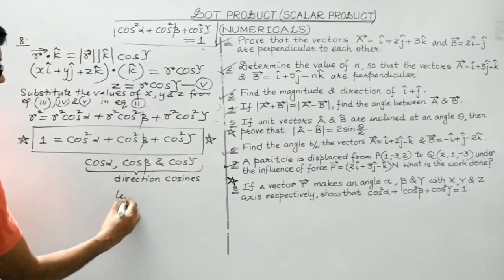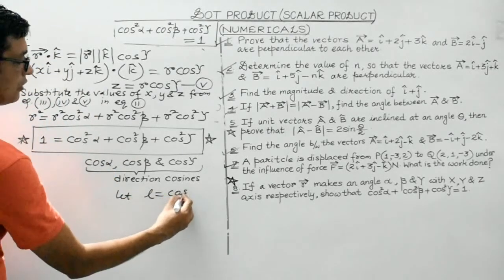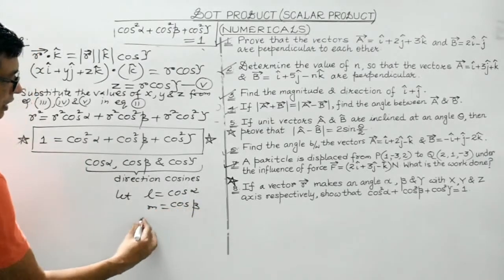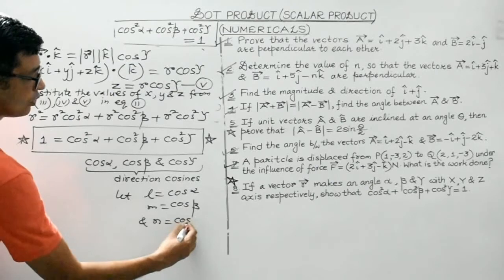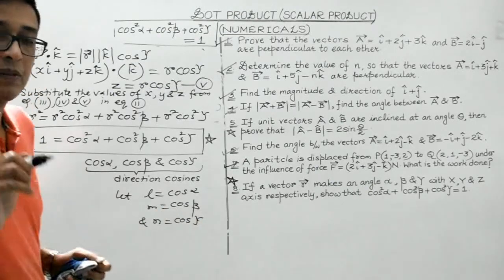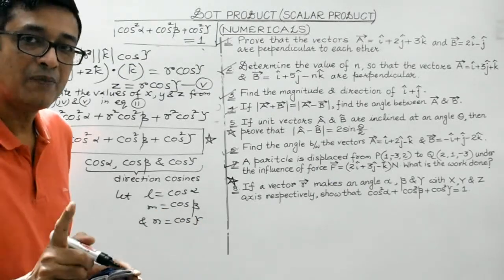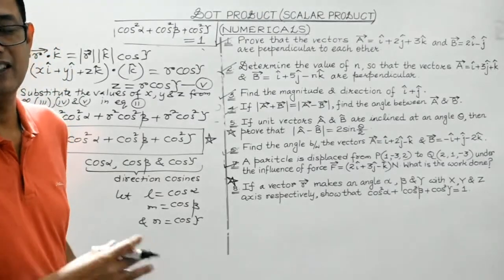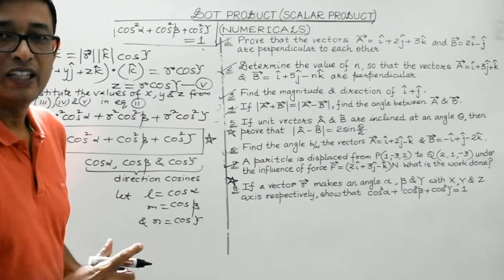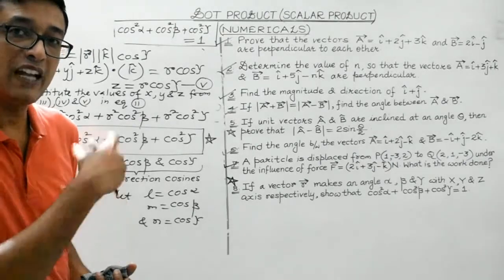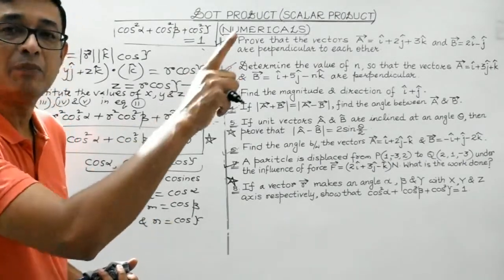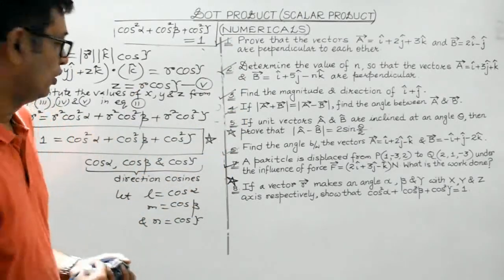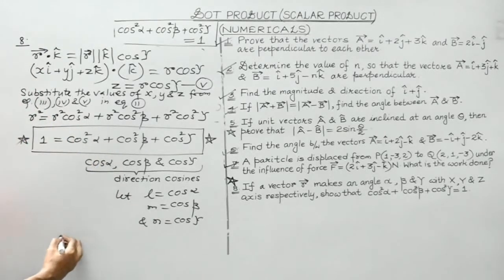So let l is equal to cos alpha, m is equal to cos beta and n is equal to cos gamma. Then students, remember, l, m and n are known as direction cosines. Direction cosines may be defined as the cosine of the angle which the position vector makes with the x, y and z axis respectively. So if you substitute these values over here, what do you get?